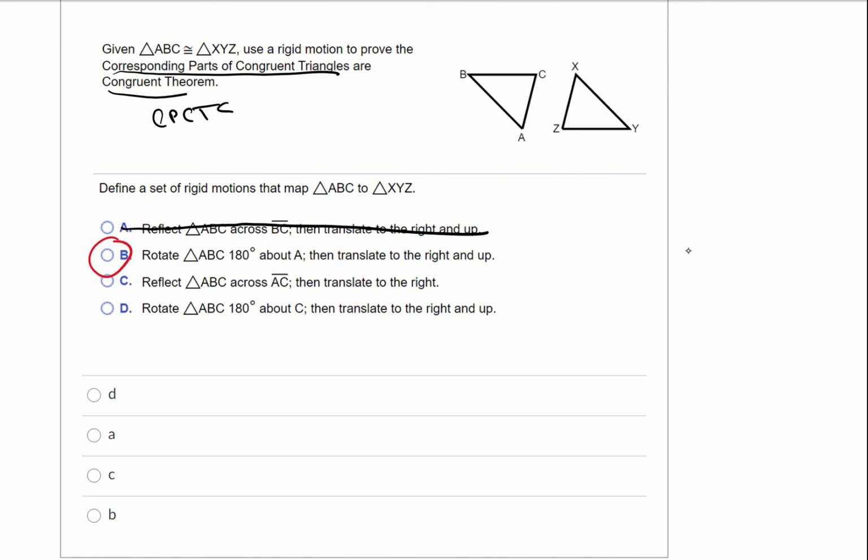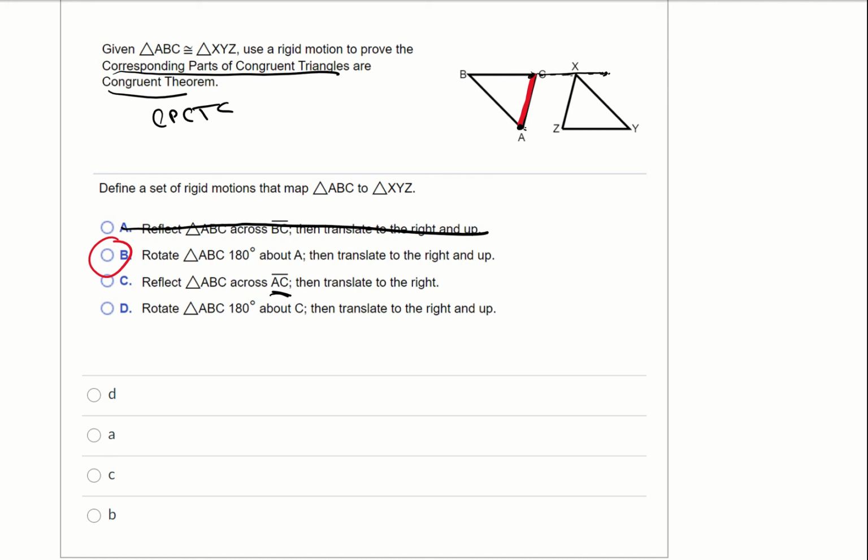So reflect triangle ABC across AC. So AC is here, we're reflecting it across AC. And so this is going to go on the other side here. This is going to be reflected on the other side here. And these are going to stay, obviously.